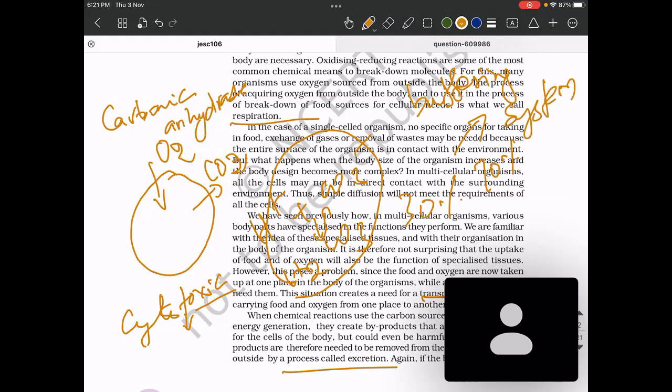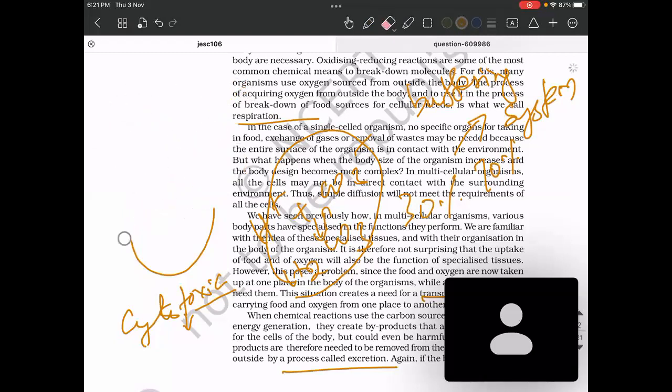Can you understand? Yes, sir. So what is cytotoxic? What do you mean by that? Cyto means cells. They are toxic to the cells. If the cell releases all of the carbon dioxide as such, the cell itself will die. If carbon dioxide concentration increases, then the cell will die.